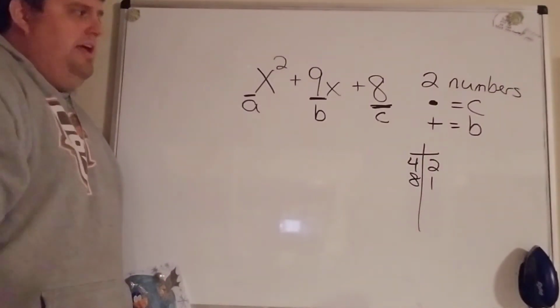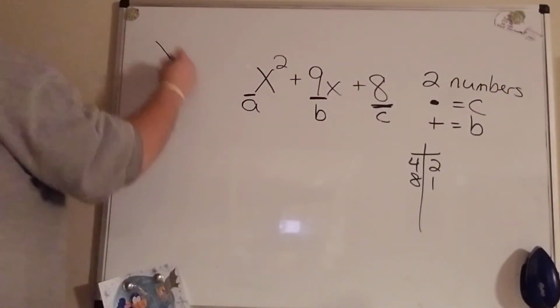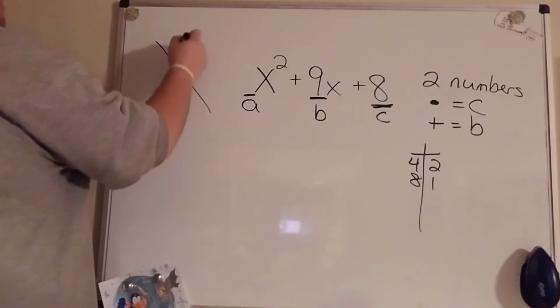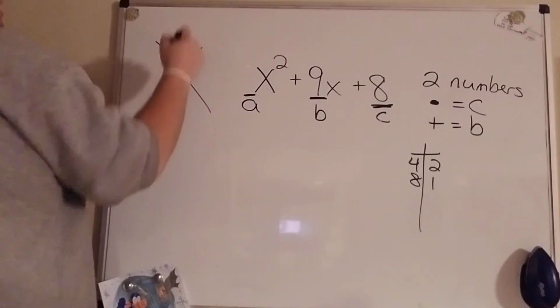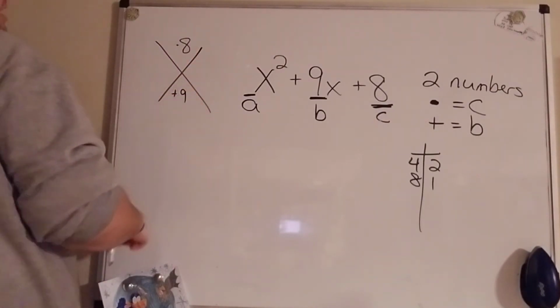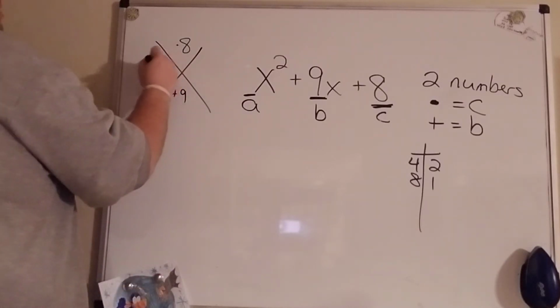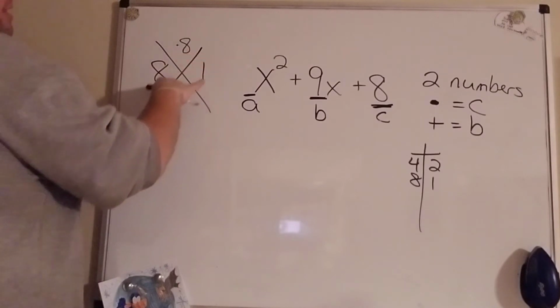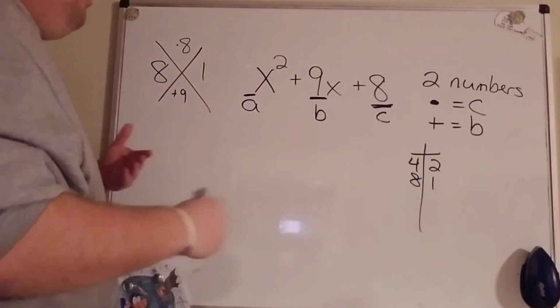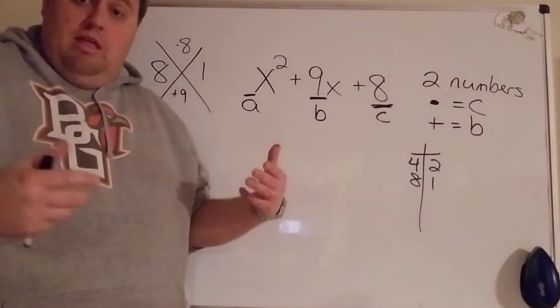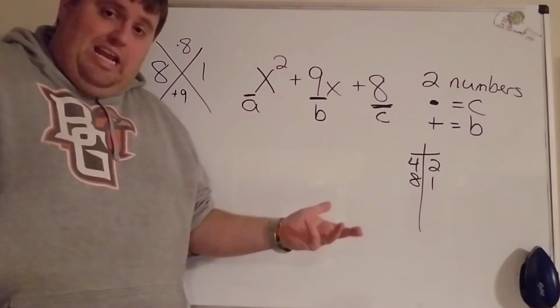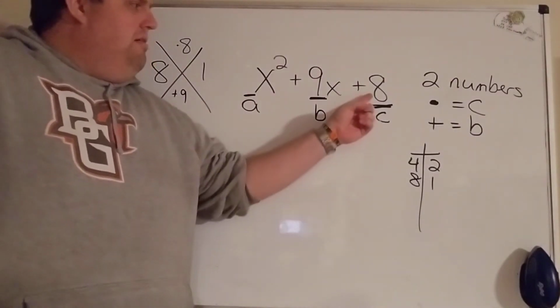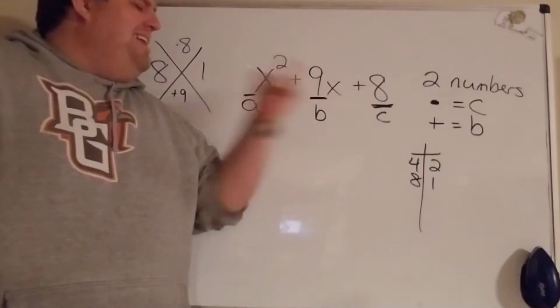I've seen people say multiply to give you 8, add to give you 9, and then write your numbers here, 8 and 1. They multiply to give you 8, they add to give you 9. Whatever works for you. But you need to figure out that 8 and 1 multiply to give you 8, and they add to give you 9.